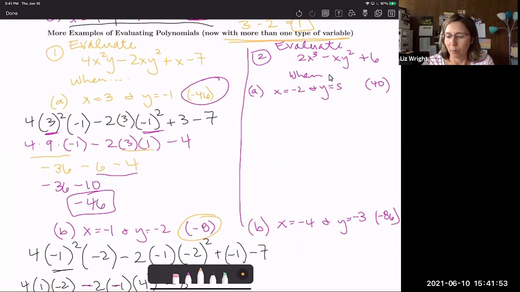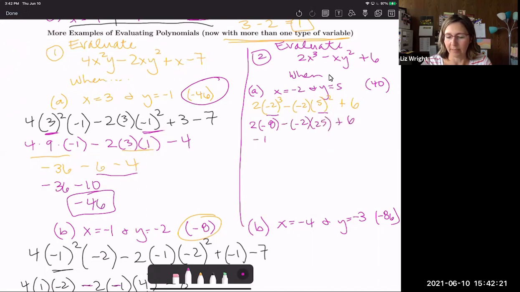Let's try this one. So we've got 2 times negative 2 quantity cubed minus a negative 2 times a 5 squared plus 6. All right, I'm going to do this negative 2 cubed and 5 squared first. So I'm going to do 2 times a negative 8 minus a negative 2 times 25 plus 6.